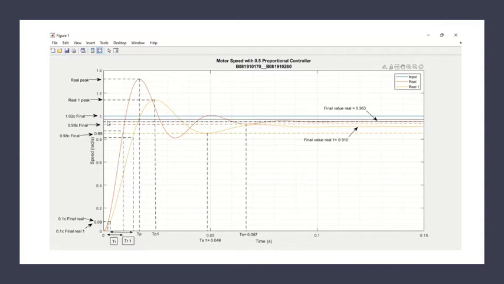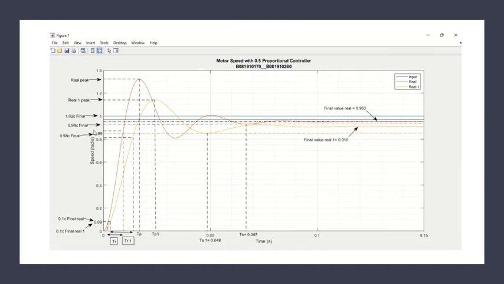Next I will measure 1.02 times the final value real, which is 0.953. So let me calculate. 1.02 times 0.953, I got 0.97, which is my straight line for input.